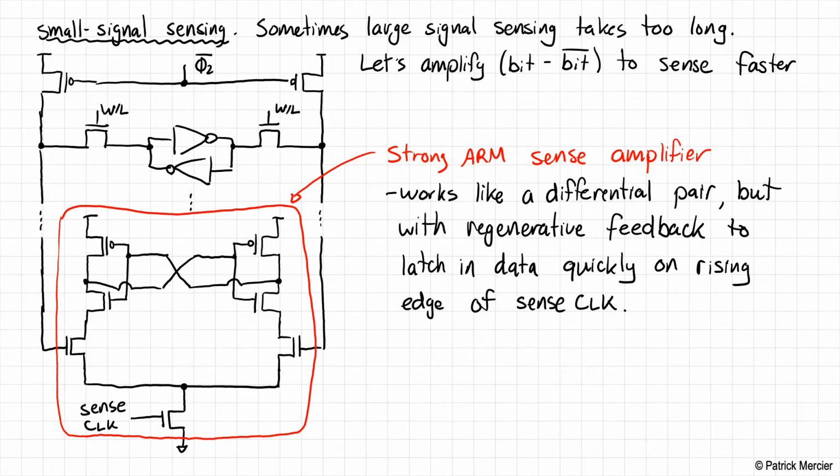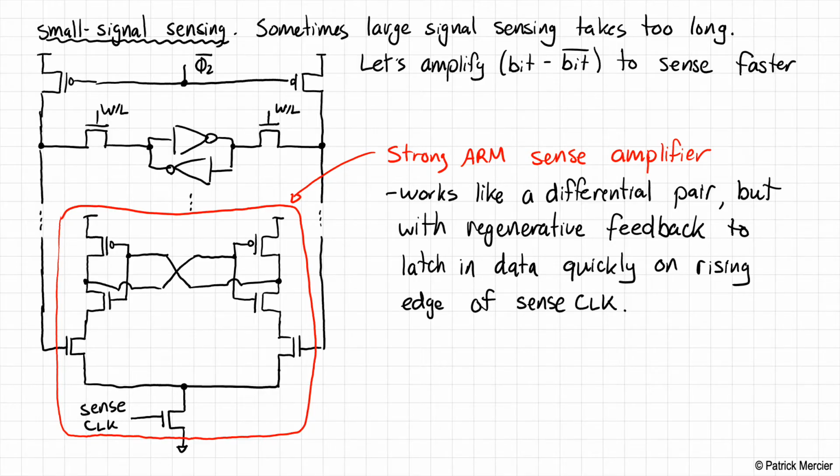All right, so what we do is when sense clock is 0, there's no way for static current to flow through the cell, and so basically what we end up doing is, and I'm not showing these transistors here, we end up pre-charging the internal nodes to VDD of the StrongARM sense amplifier.